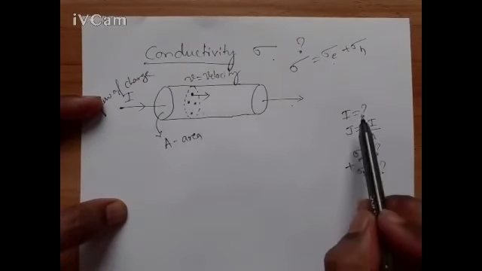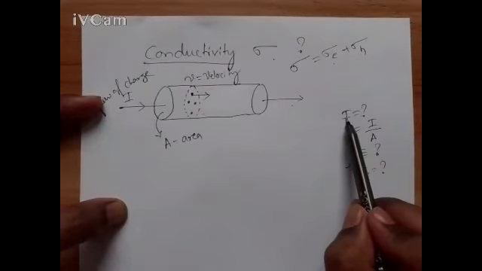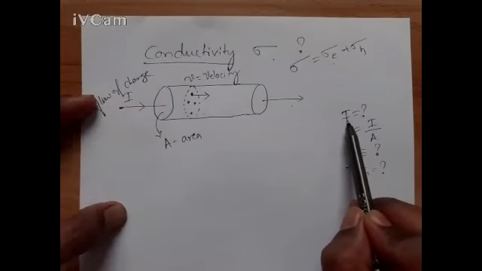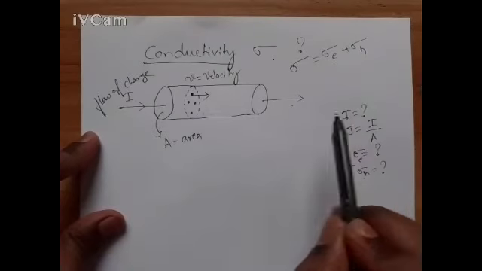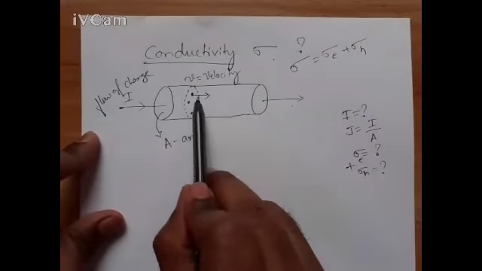Fine. First we will find out the charge flowing inside the material. What is the charge flow? Charge flow is current I. These are moving with velocity v.